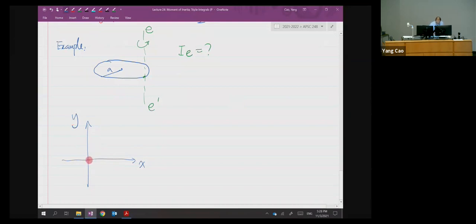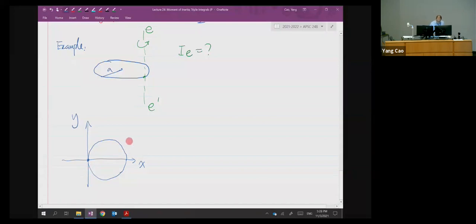I'm going to place the circle or the thin plate like this, and your z-axis or E prime axis is right here. It really doesn't matter where it is. You can always establish your X, Y, Z like that. So basically you're considering E prime as the Z axis, and then you establish your X, Y accordingly.